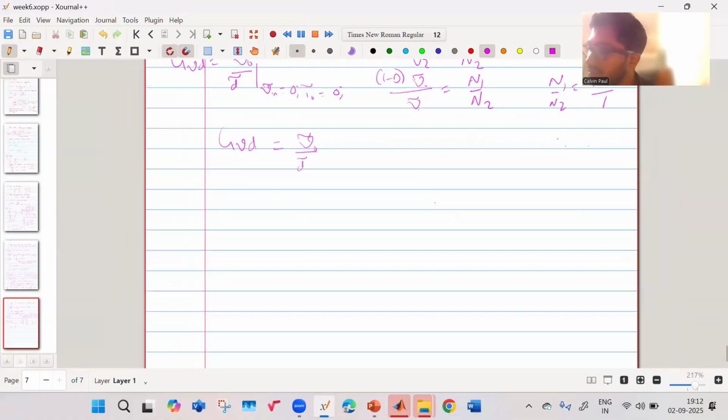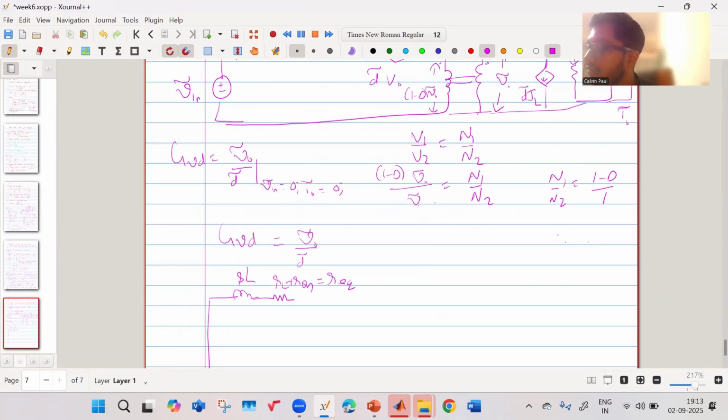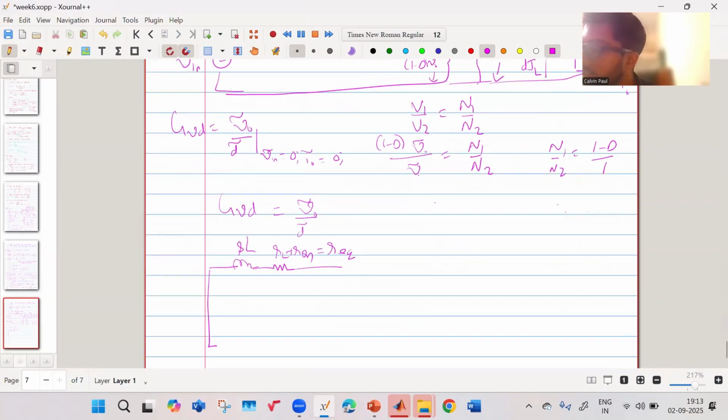Okay, so our equivalent circuit then becomes this, shorted. We have your SL. We have this RL plus R1. We can represent it as R equivalent.